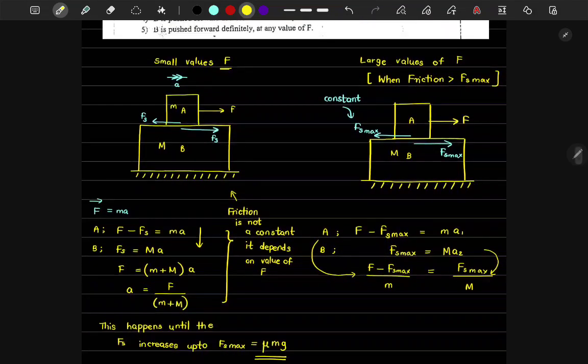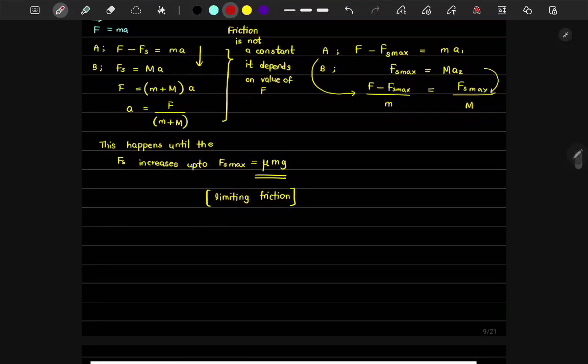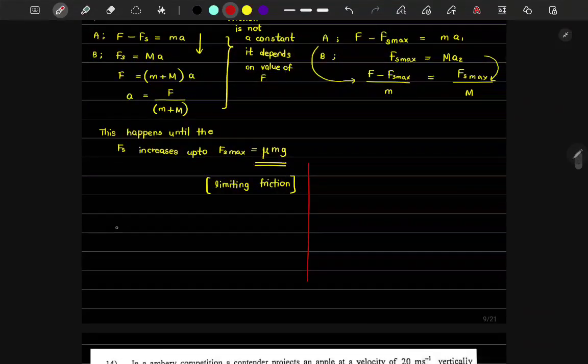Now the thing is, in this scenario, both A and B have the same acceleration. But in the next scenario, now this won't happen abruptly.